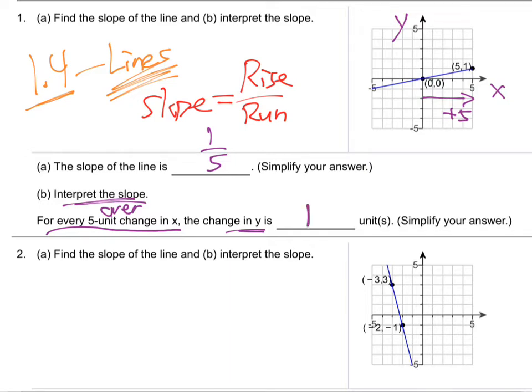That's right. Run is x and rise is y, because rise is up, and the y values go up and down, and run is x sideways, like how we run on the ground. So for every 5 change in x, there's a 1 change in y. There's an up 1.